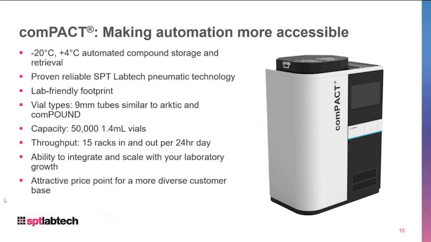It's a little under 3,000 samples total. That comes with the unique SPT Labtech ability to integrate scale with your laboratory, which we'll talk a little bit more about. And the most important thing that I already mentioned is it comes at a price point that we actually can get into a more diverse customer base and get customers really thinking about automated storage much earlier in the process, which we find, again, is valuable to the customer, but also valuable to the industry as a whole.